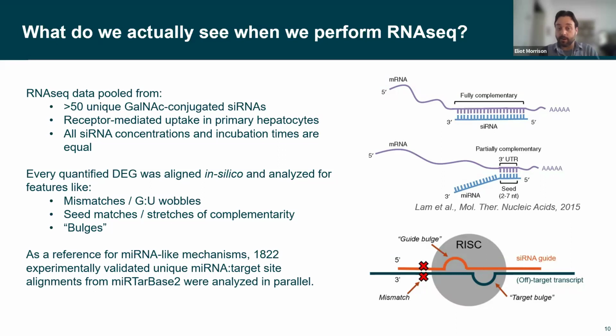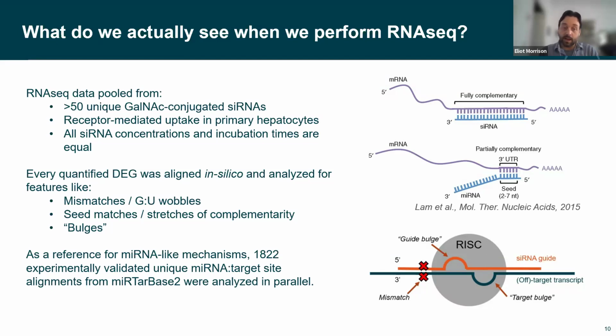And what we did for everything that passed this filter is we then took a look at potential patterns of different features of these alignments. For example, we looked at mismatches, how many and where they were occurring. But we also looked at things like stretches of complementarity and seed matches, and what we refer to as bulges.